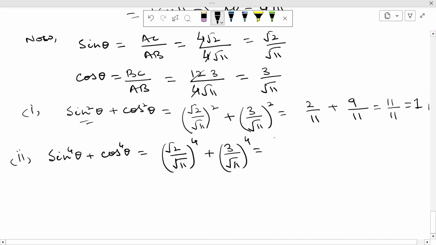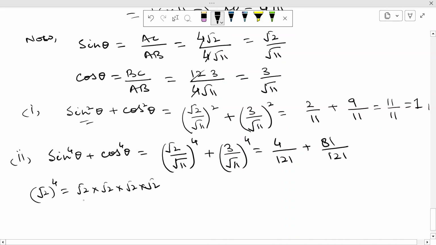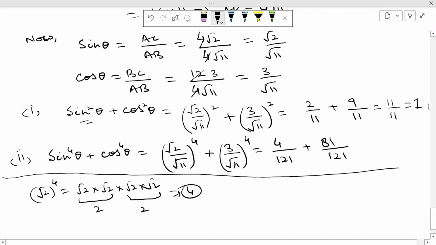So this is coming out as 4 over 121 plus 81 over 121, because root 2 to the power 4 is root 2 multiplied by itself 4 times, so this will be 2 and this will be 2, which is coming out as 4. This is how we obtain this 4 over 121.